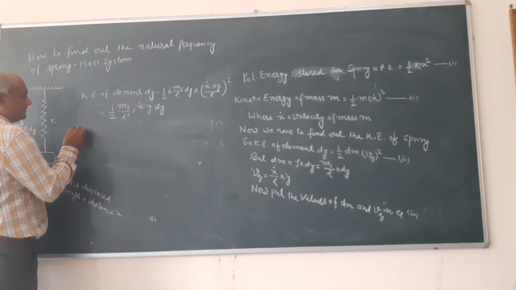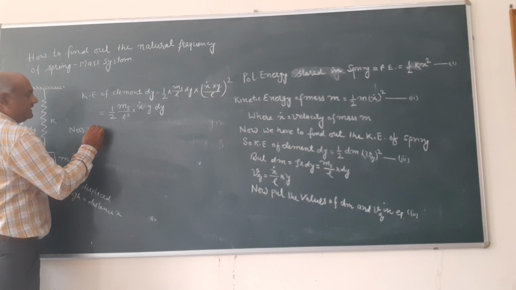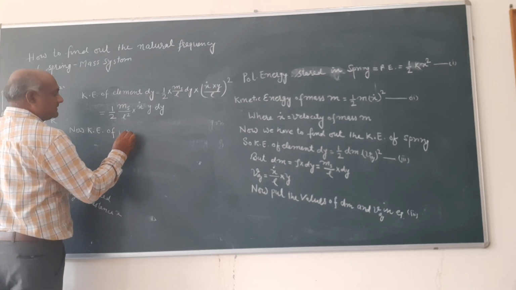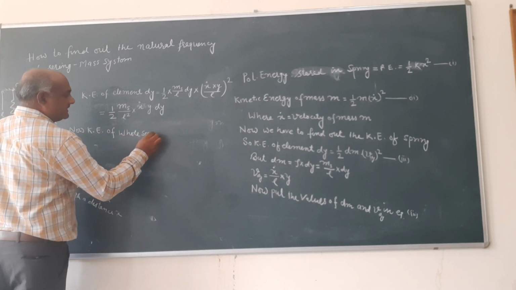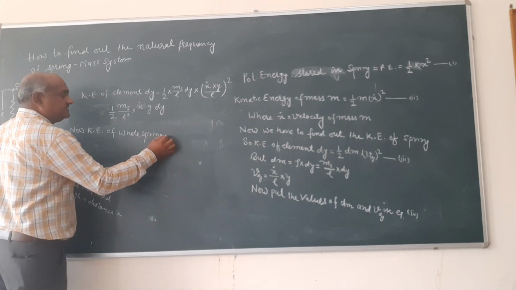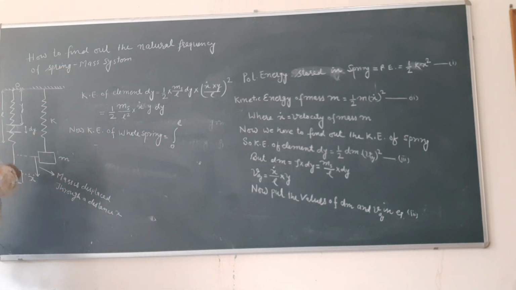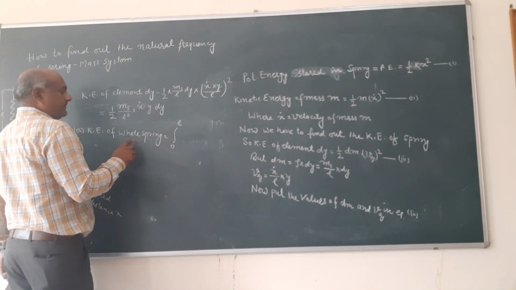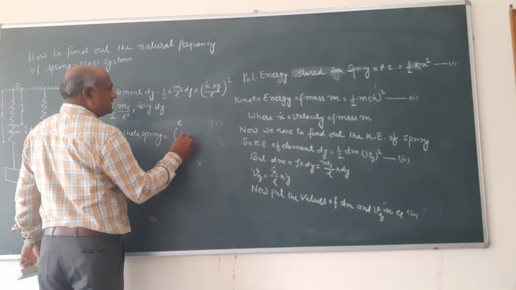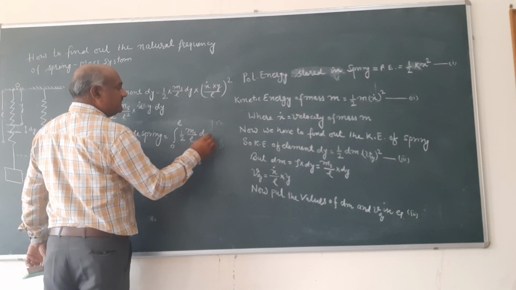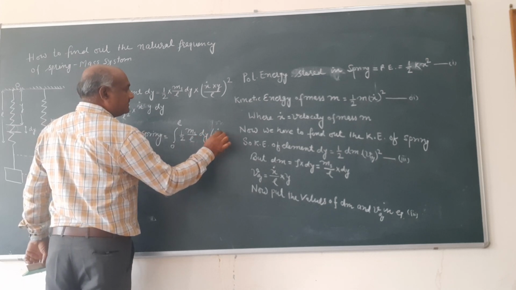Now we can obtain the kinetic energy of the whole spring as the integration of this small element from 0 to L. We will take the integration from 0 to L length to find the kinetic energy of the whole spring.